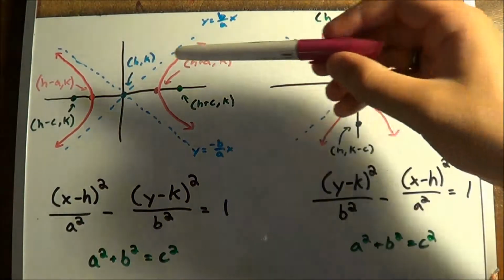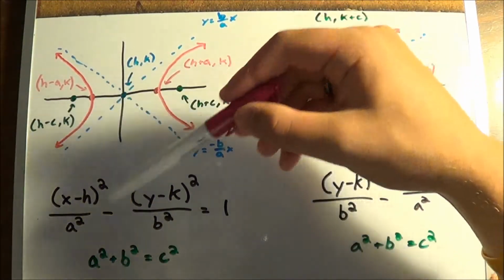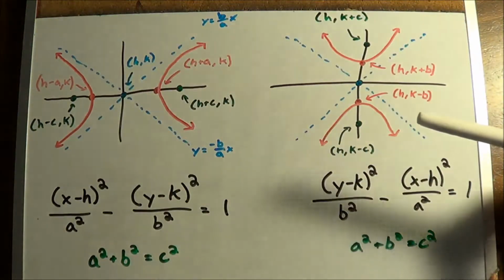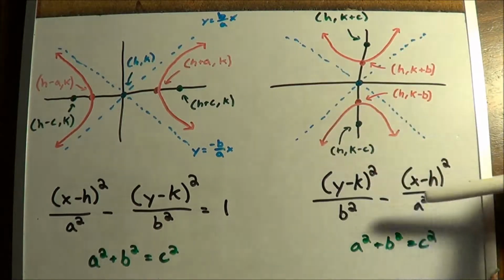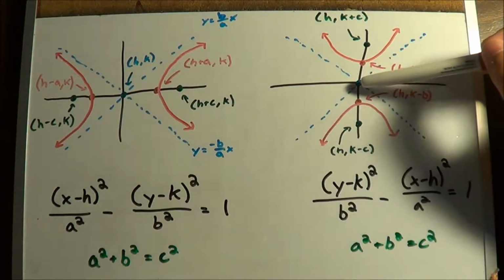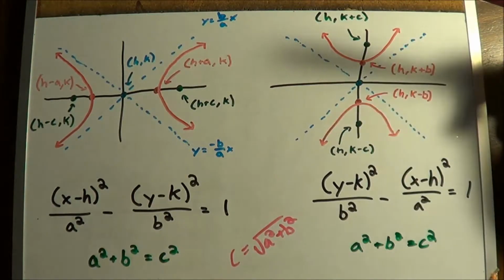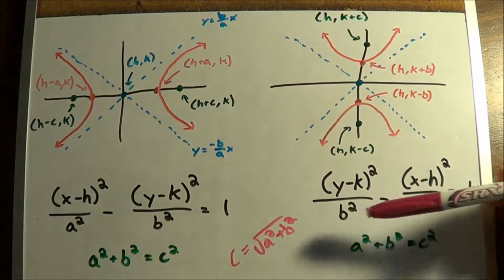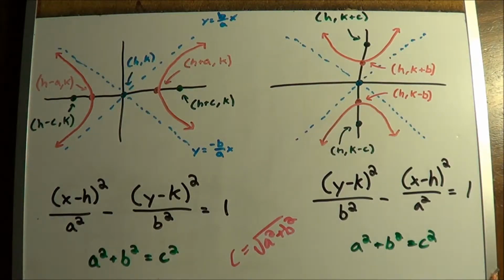If it's a horizontal hyperbola, the vertices are a distance of a out from the center to the right and left. If it's a vertical hyperbola, it's a distance of b up and down from the center. Locating the foci is very similar, only instead of adding or subtracting a number a or b, we'd use a new number, c.